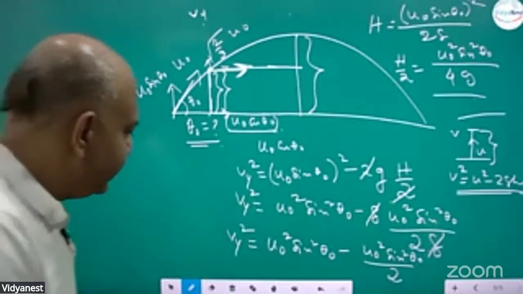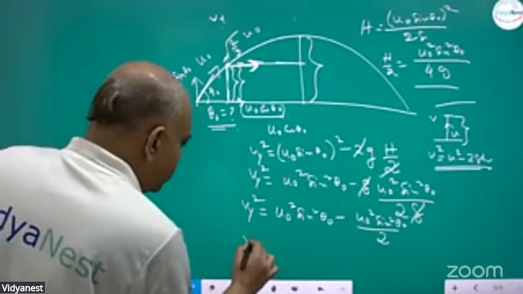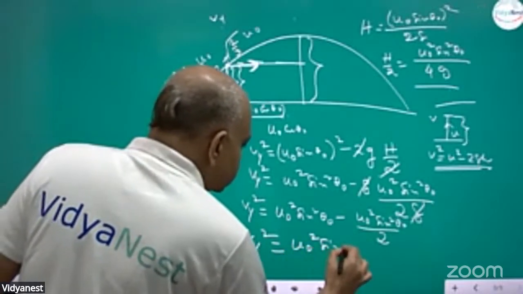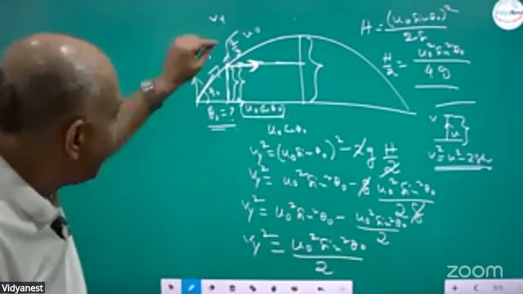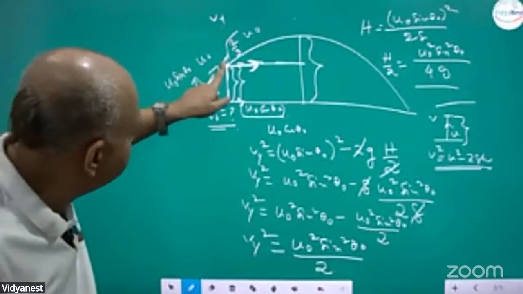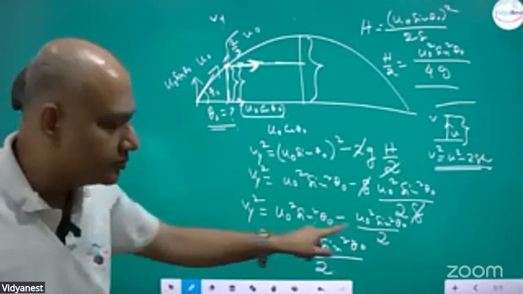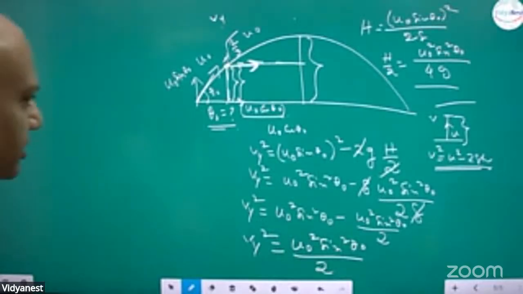Finally, Vy square is equal to u naught square sine square theta naught divided by 2. At this position, half of the maximum height, the vertical component of the velocity has this expression. Is it clear? Yes, sir, it's clear.